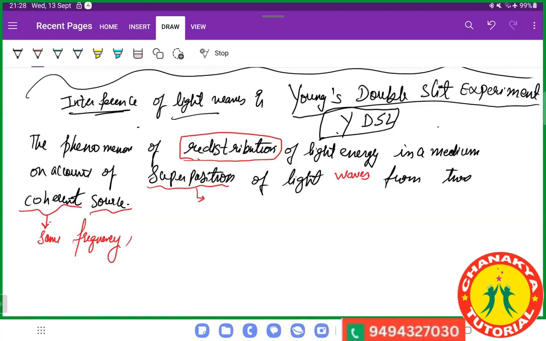Same as what you studied in the first chapter, superposition of charges or superposition of force. Same thing here. Superposition of light means we take two light sources or two light waves and get the net response, or sum.